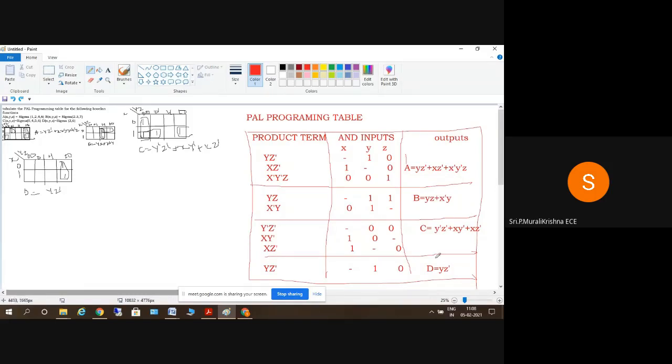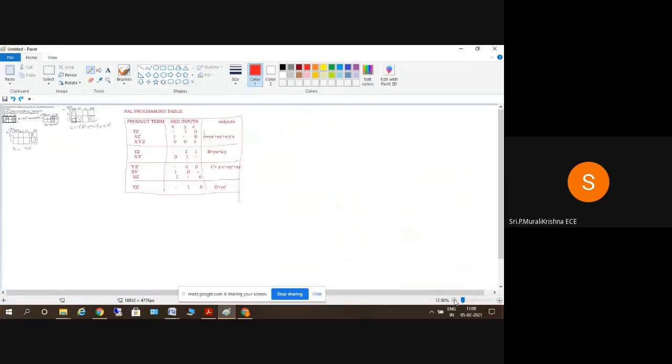So the diagram will be like this. You are clear with this programming table, right? Yes, okay, sir. So now we will draw the diagram. We'll follow the same method. So there is X.